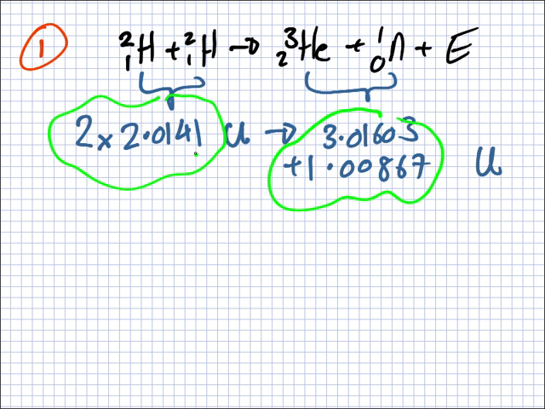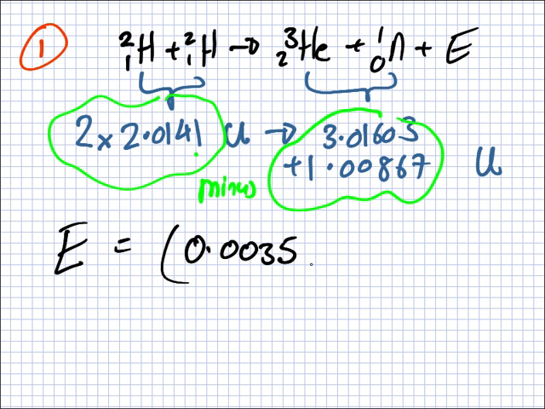So, can you tell me what that minus the other one is, please? 0.0035. And Einstein said that that missing mass became energy. So according to Einstein, the energy will equal that times U c squared.